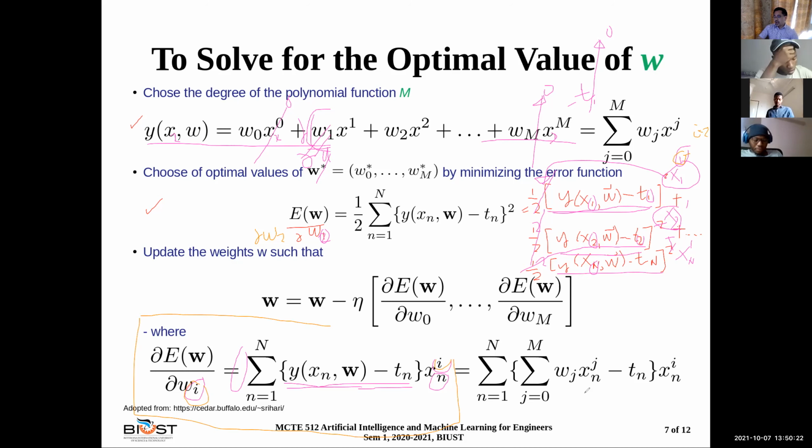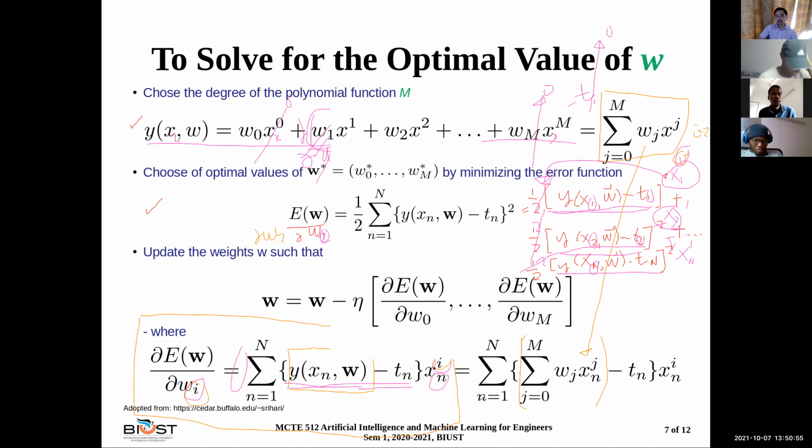Another way of expressing this term is in terms of the summation of the polynomials here. We are just changing this into this summation, so this term is substituted by this term, minus tn, and that's it.